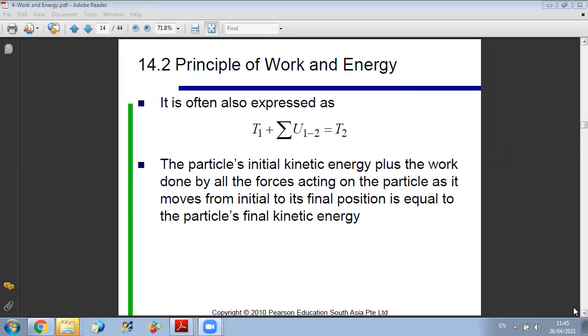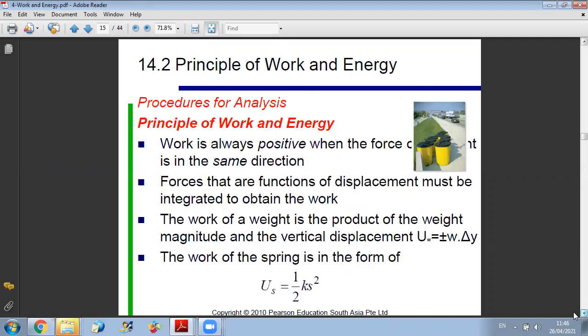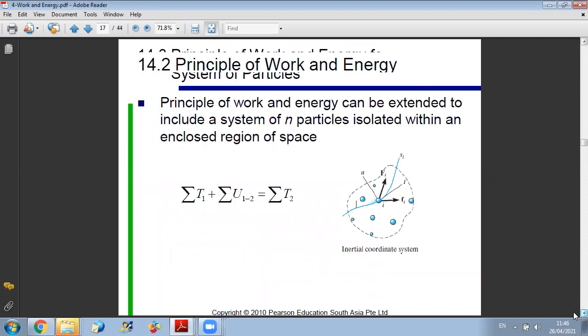Let us do some applications on work and energy. In case you have a system of particles, you can also apply work and energy for a system of particles, instead of just taking one particle.